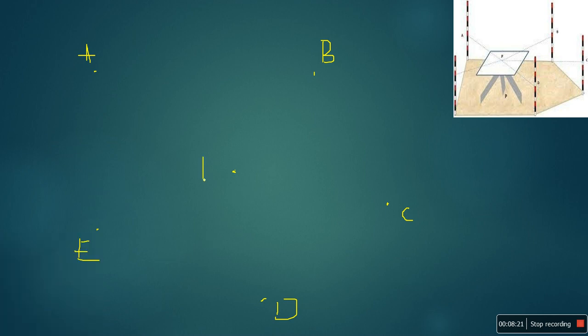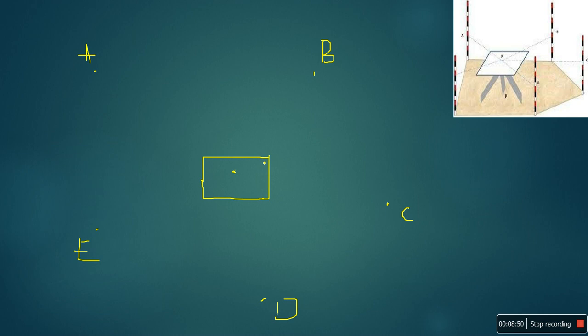Now you have to set up your instrument here like this. This is our plane table. After setting up the instrument, you have to level it by using a spirit level. After that, take your trough compass and keep it on the top right or left of the drawing sheet. Here I am keeping it on the top right side.